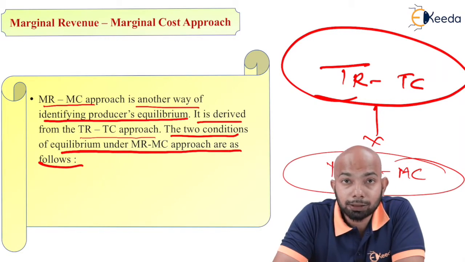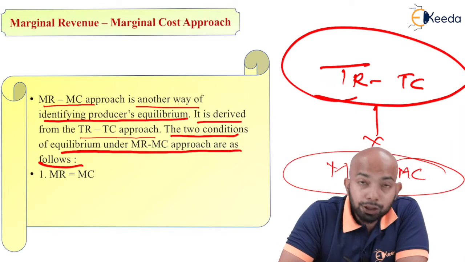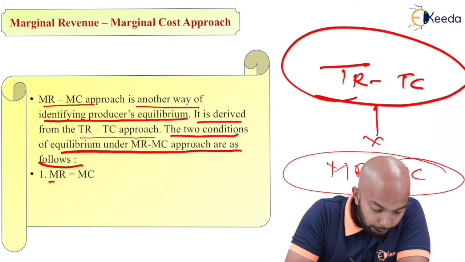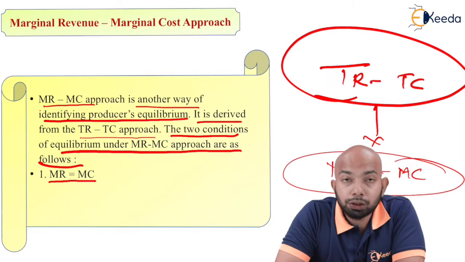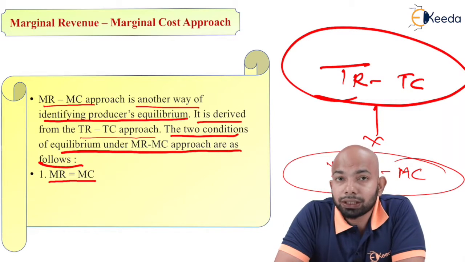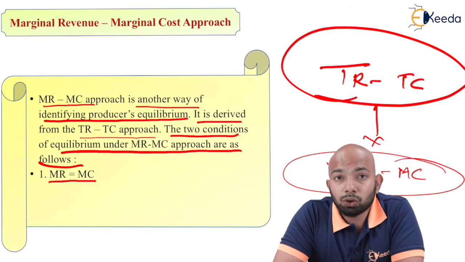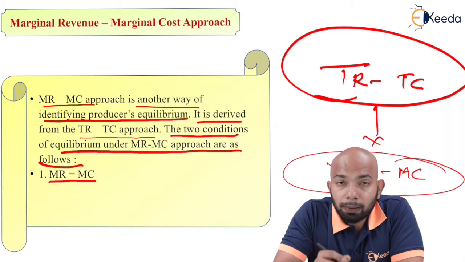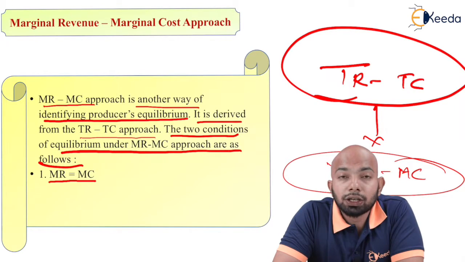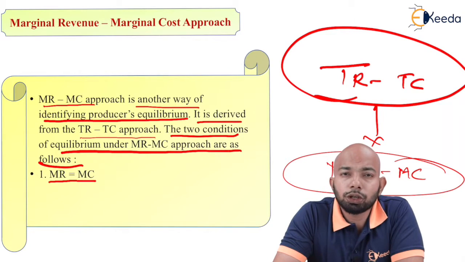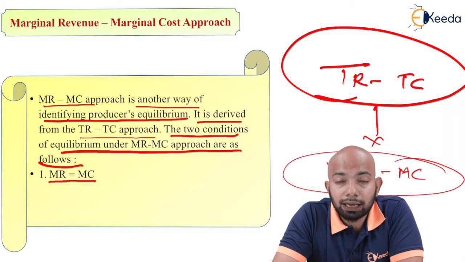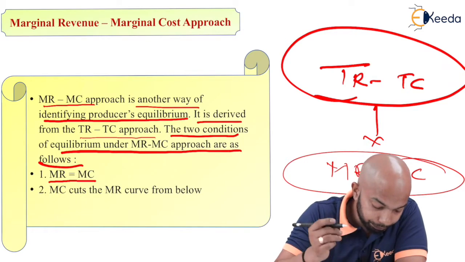The first condition states that marginal revenue should be equal to marginal cost. That means marginal cost should be equal to marginal revenue. This is the first condition.